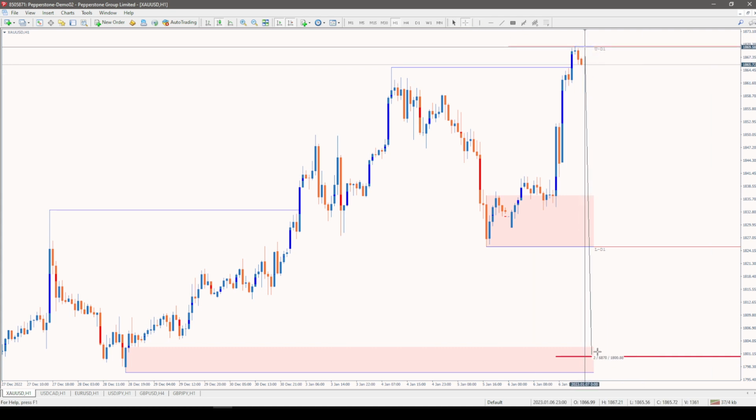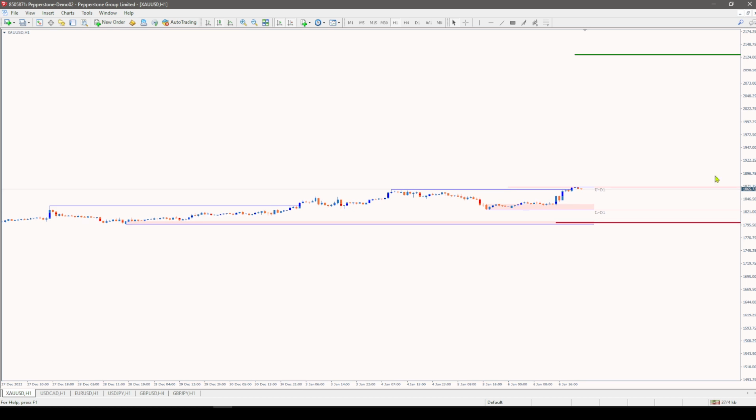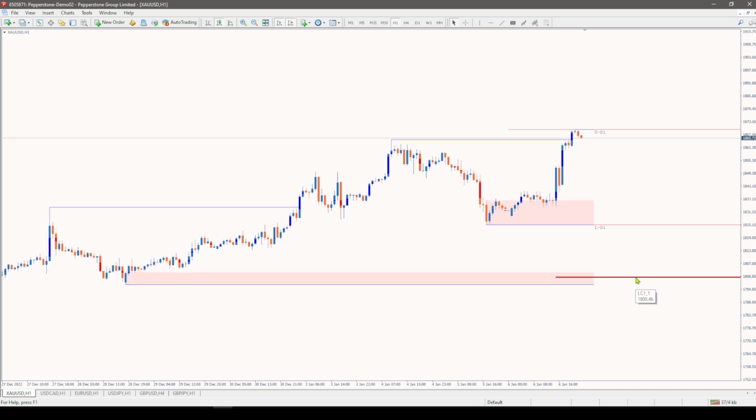The price might drop in here, the bearish line, and if price doesn't drop and goes back from here, there is the bullish line, and you can target in here. This is for long position targets, and this is the short position targeting area.